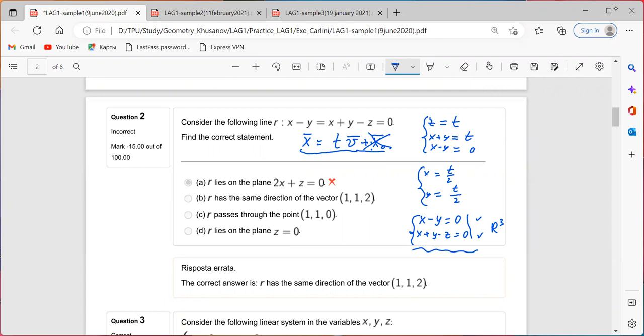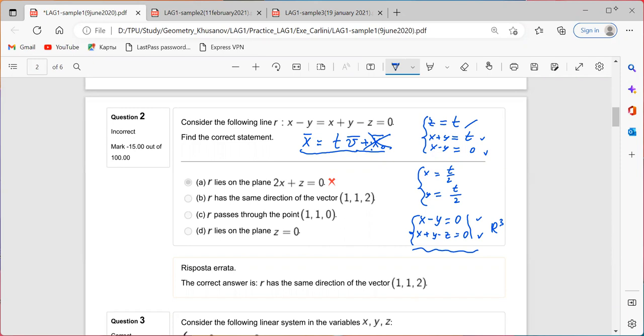We can put z equal to some parameter t, and then using this z, we can consider the others. So x minus y equals 0, and x plus y equals minus z. Minus z we put on the right side. x plus y will be equal to z, or t. Then we have to solve this system: x plus y equals t and x minus y equals 0.